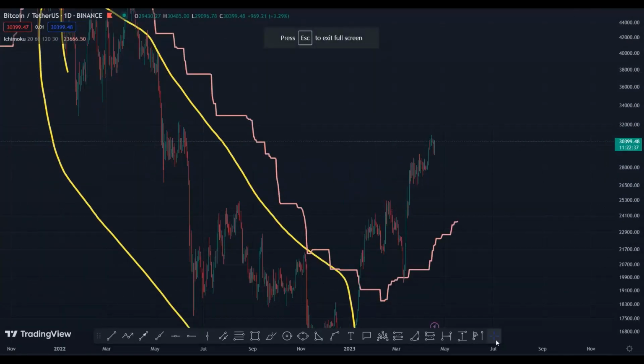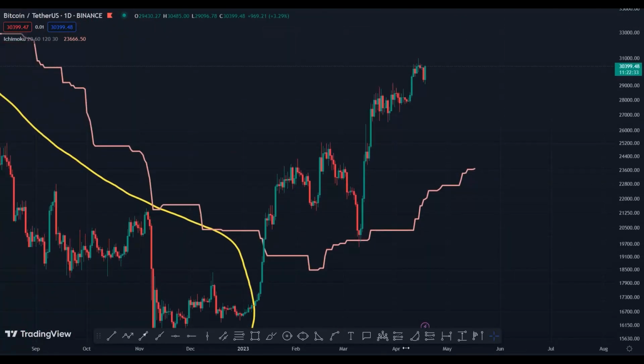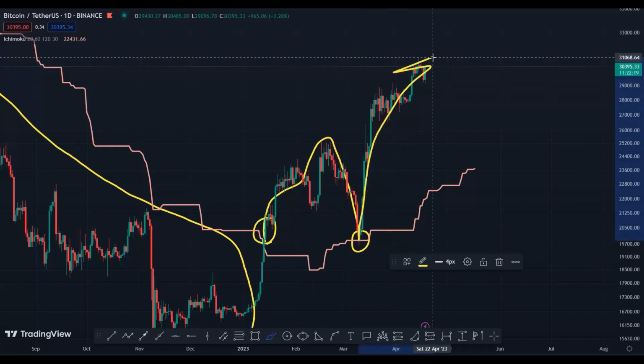Look how beautiful this is. Here, we broke the Senkou span B to the upside. You want to be bullish. We had a correction, we tested the Senkou span B, it acted as a support, and we bounced to the upside.